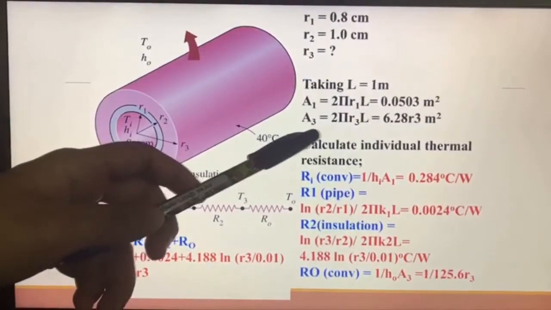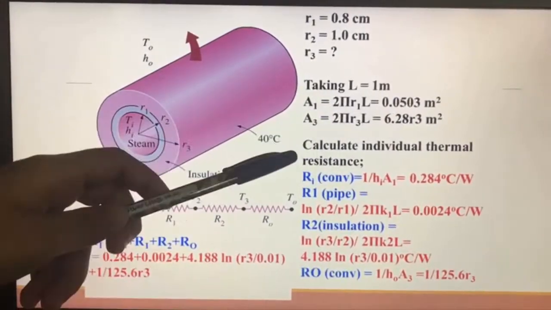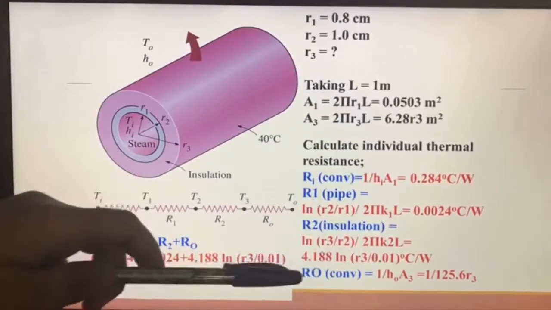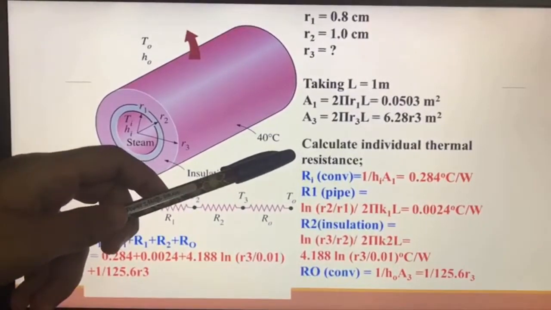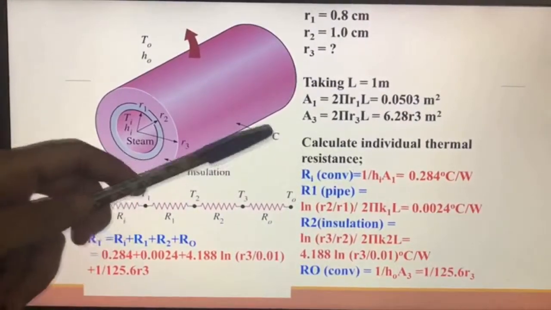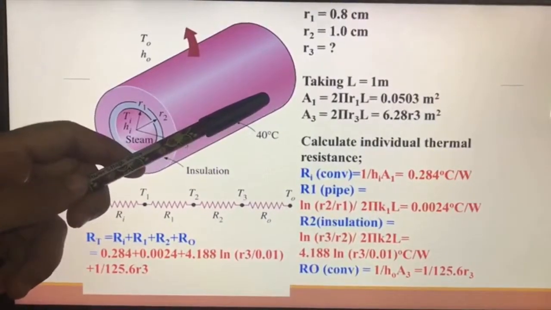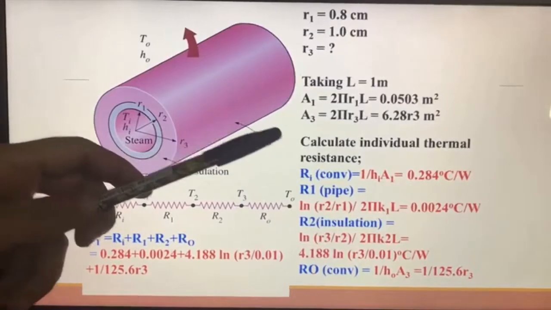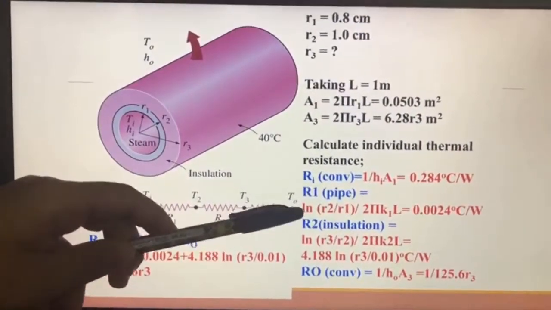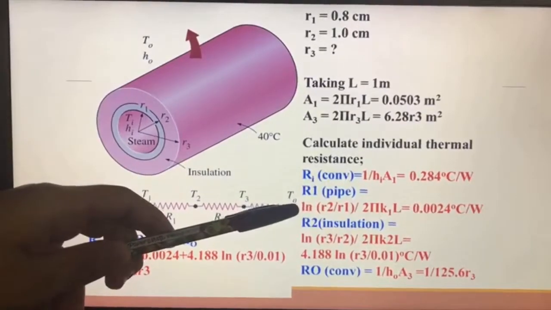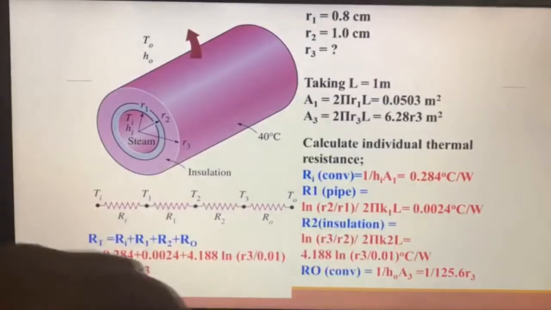So for A3, we want to find R3. To obtain R3, we use thermal resistance, where the formula is thickness over thermal conductivity for flat. While for pipe, this is the formula, ln R2 over R1 over 2 pi KL.